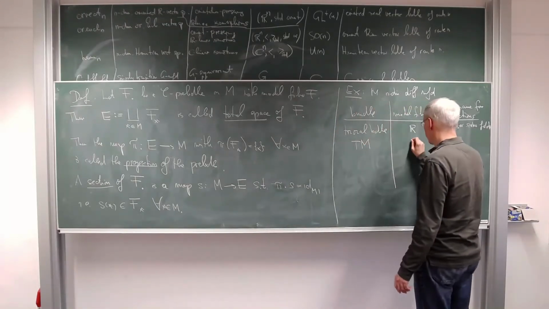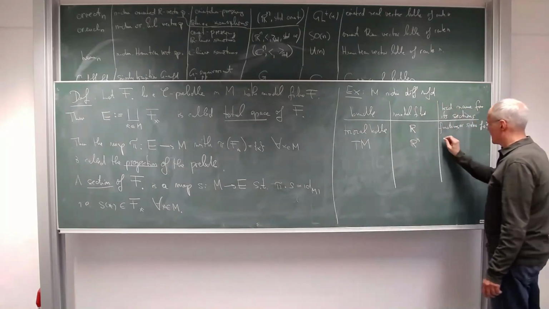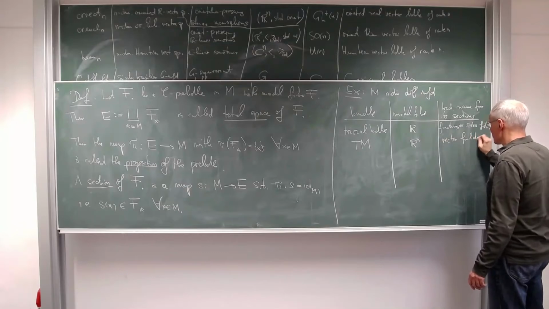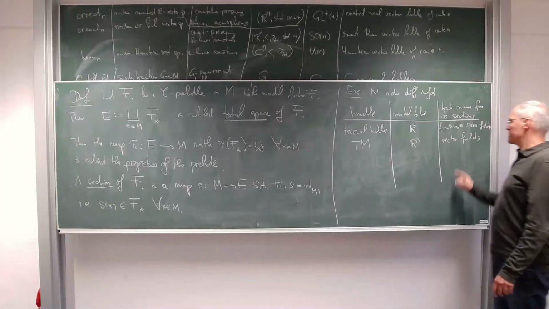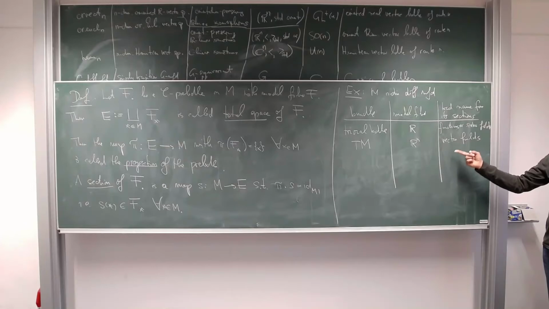All right, and then we have the tangent bundle. Here the model fiber is Rn, and its sections are called vector fields. Now, scalar fields, vector fields, but somehow this convention is not good because it's not just some vectors, it's particular vectors, namely tangent vectors. So one should actually call it tangent vector field.